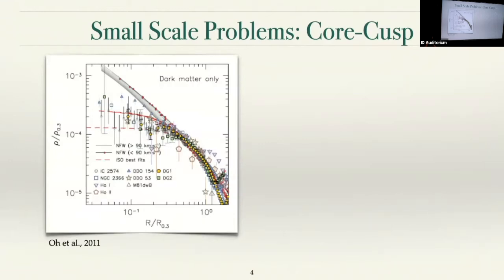That's dark matter density on the y-axis as a function of radius from the center of the galaxy on the x-axis. And this is data from rotation curves. What you see is that the rotation curves have these flat density profiles, whereas what dark matter only simulations are predicting are these more steep dark matter profiles in the central regions.